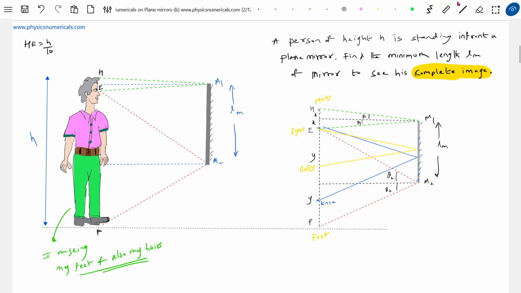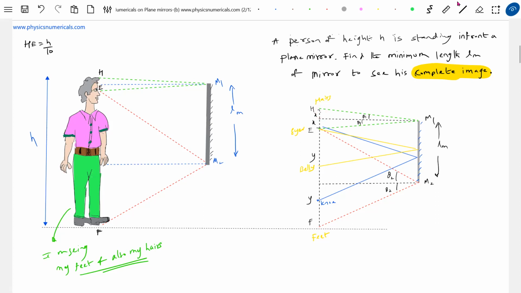See, we are just bothered: if he's able to see his foot, it means he's able to see his knees, his belly, his chest, lap, all the things. If he's able to see there, it means he's able to see his forehead also.